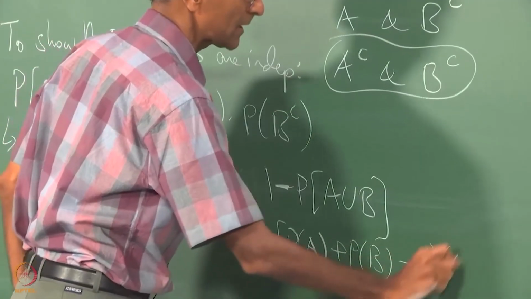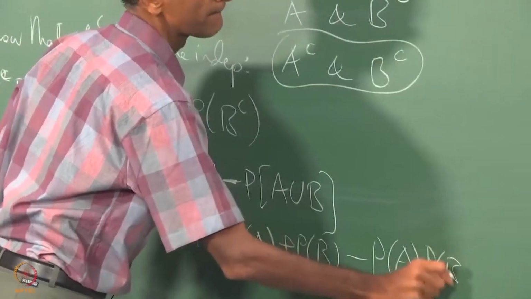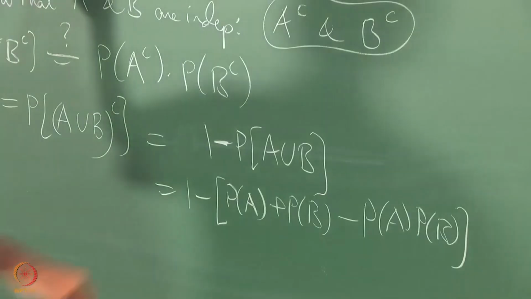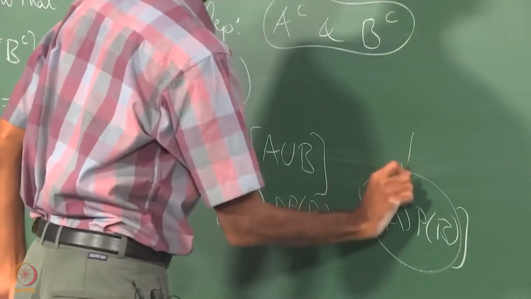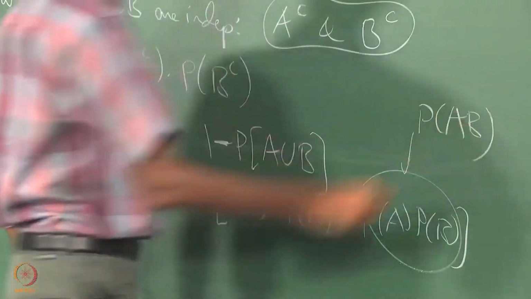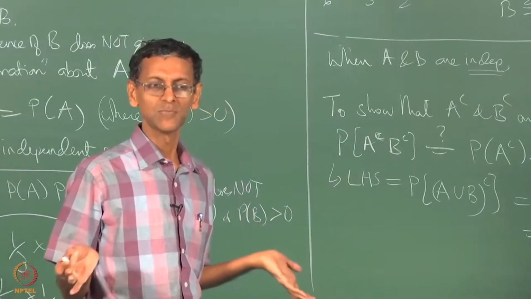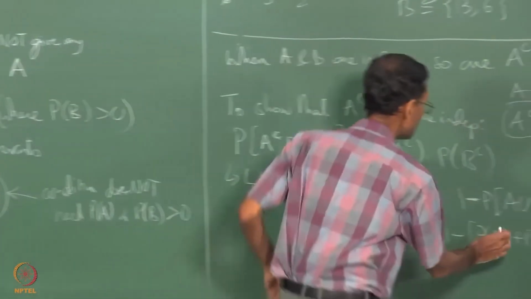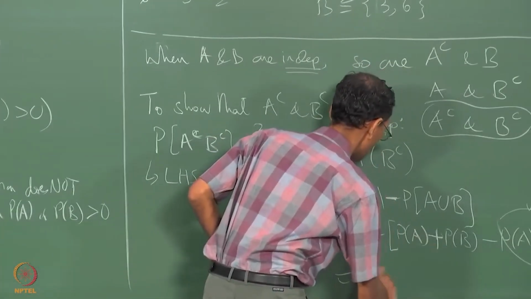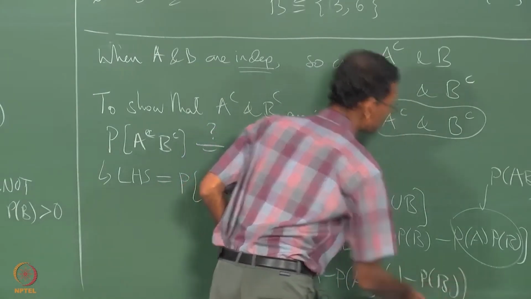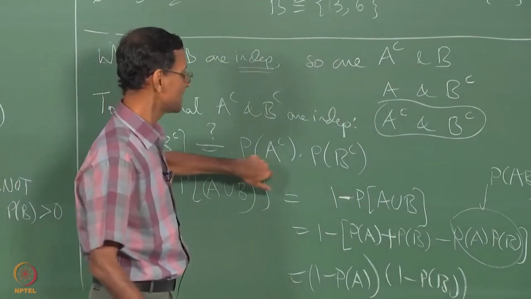I will just skip a step and directly write P of A, P of B here, because I know that A and B are independent, so this is P of A times P of B. See, look how nicely algebra comes to our aid here. So you get a very interesting factorization of this quantity, which is basically 1 minus P A multiplied by 1 minus P B, and that is exactly this.